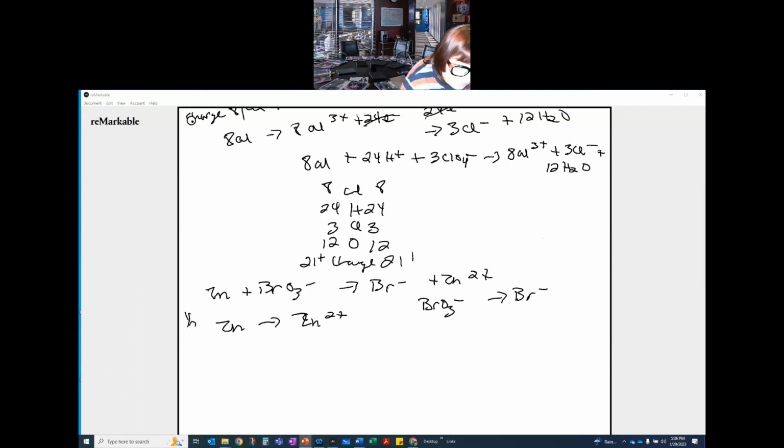So here are my half reactions. Now I'm going to balance for anything that's not oxygen. I have one zinc on my reactant side, one zinc on my product side, so that's good. I have one bromine on my reactant side and one bromine on my product side, so that one's good. And now I'm going to do oxygen with the H2O. I'm just going to rewrite this again.